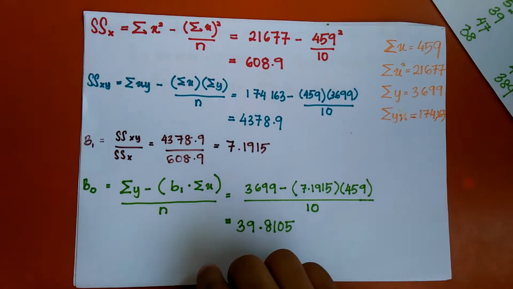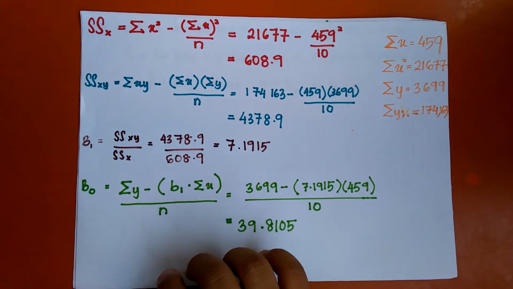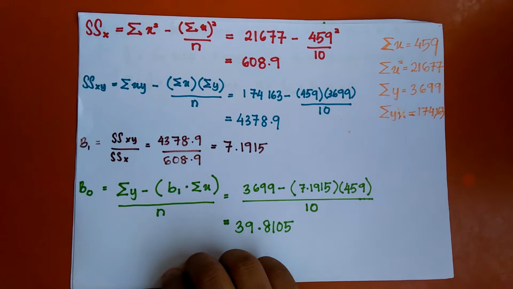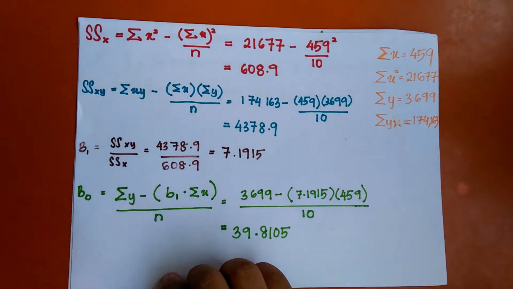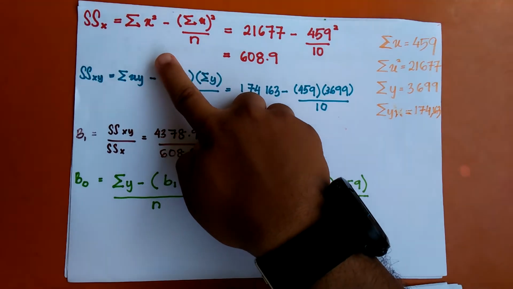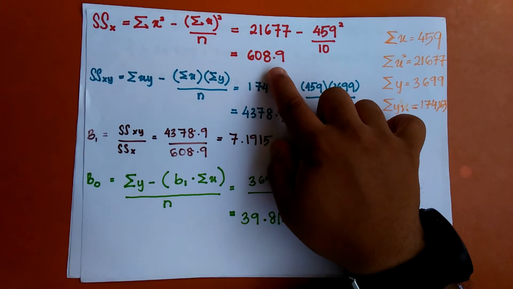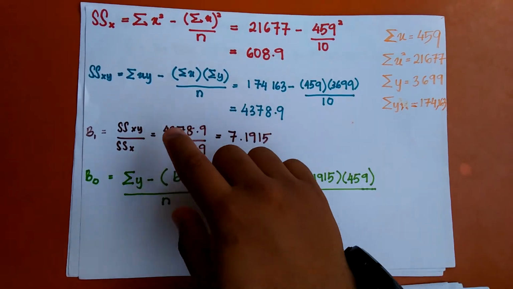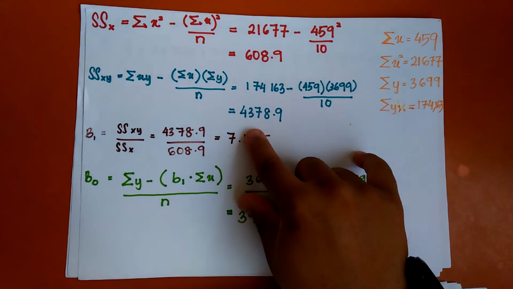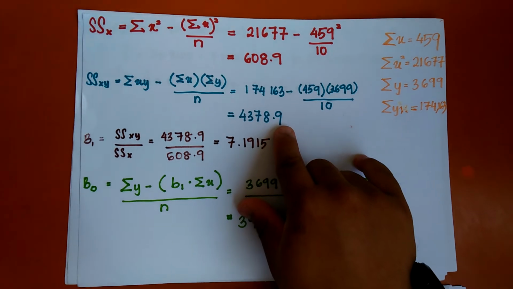So, to calculate the line of best fit and the variance, we must get our SSX and SSXY. Using the earlier equation, we will get the value for SSX equal to 608.9, and SSXY equal to 4,378.9.